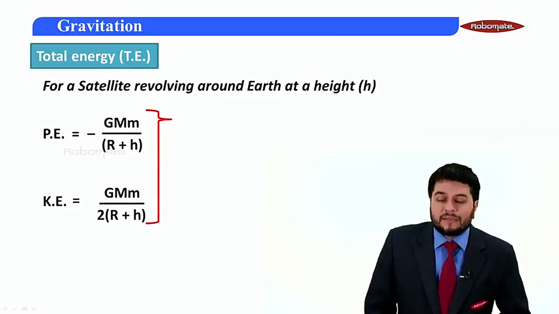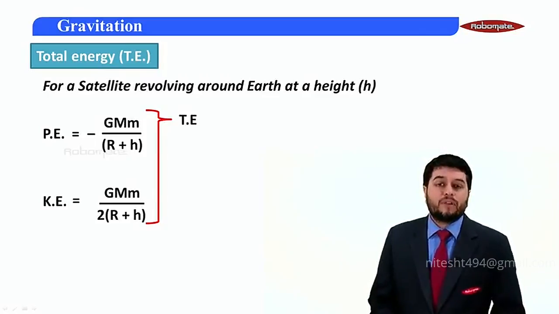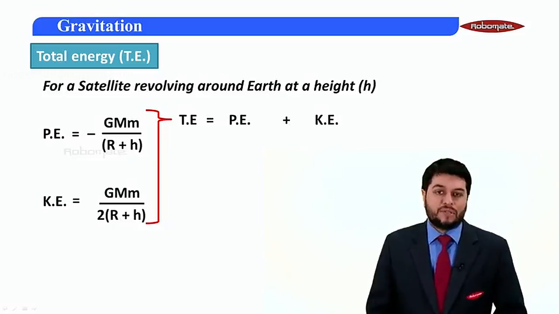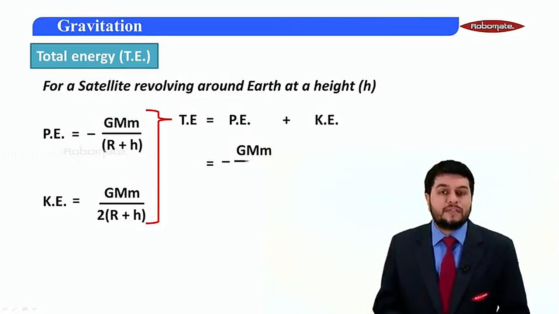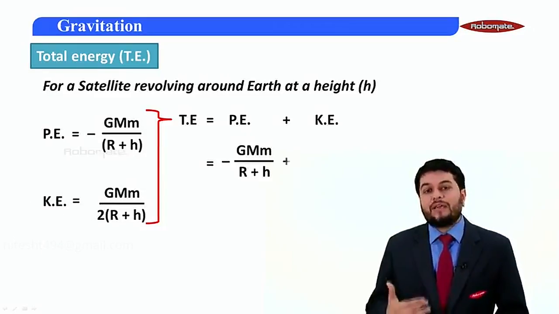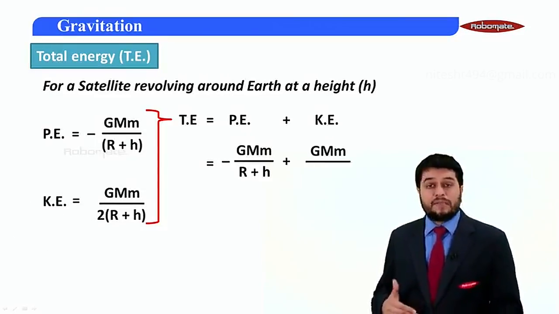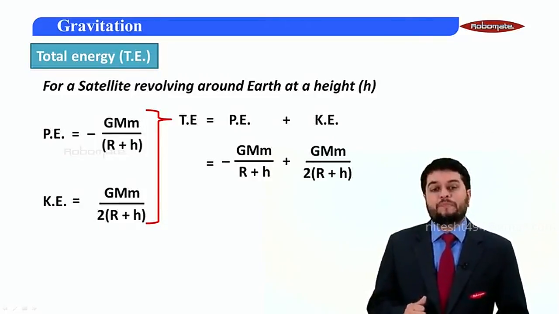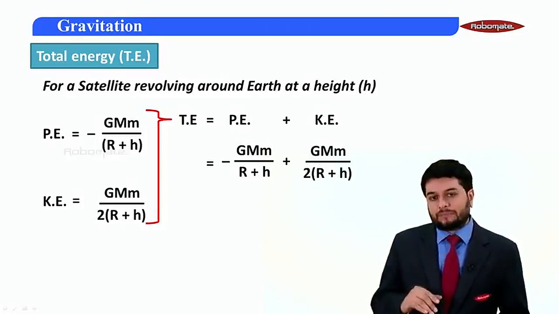So in this case, the total energy of the satellite would be the sum of the potential energy and the kinetic energy. So if I just substitute the values, I get total energy is equal to minus GMm upon (R plus h) plus GMm upon 2(R plus h). You can notice GMm upon (R plus h) is common.